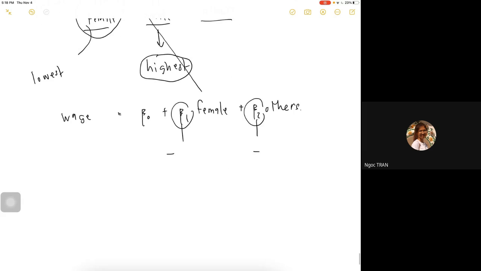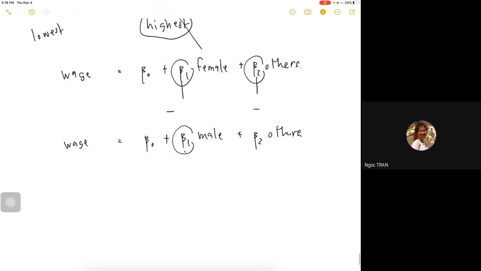So in this case, if you drop out the female, you will get beta 1 on male and beta 2 on others instead, right? And then if beta 1 is positive, you can say that male has a higher weight than female.